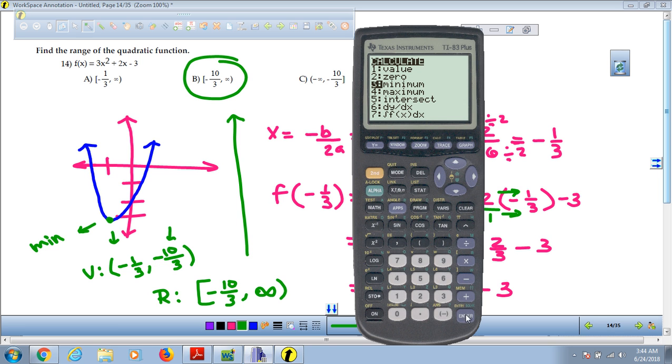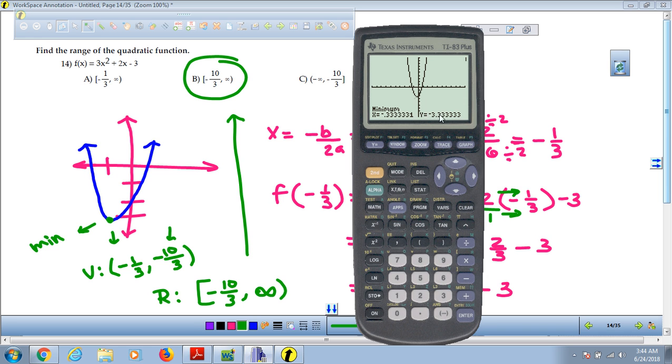So you click on the minimum, left bound. I need to put myself somewhere on the left side of the point that I want to find the values for. So I enter and it says right bound. Now I'm going to move somewhere to the right side of that point, and then I click again.